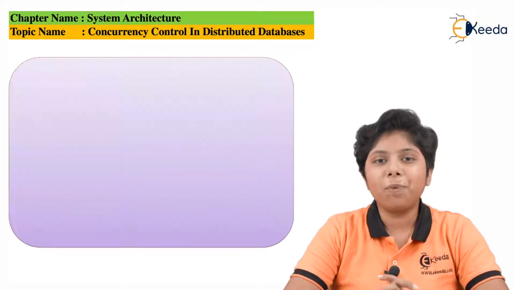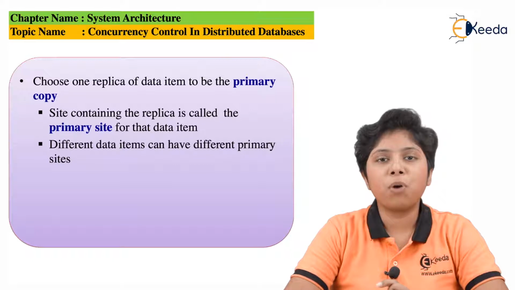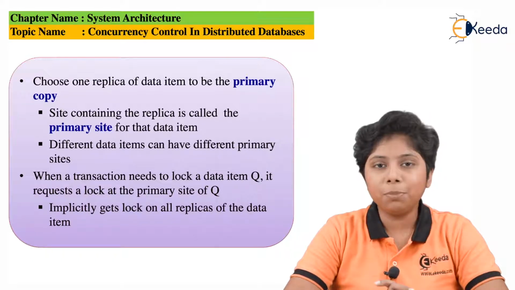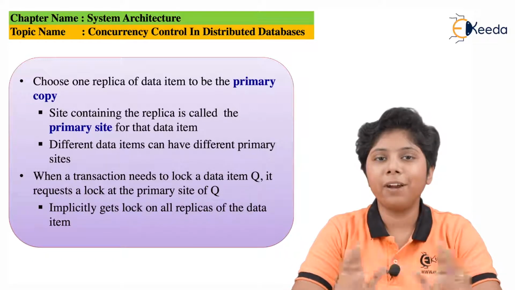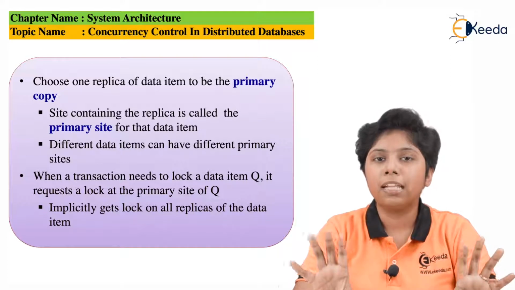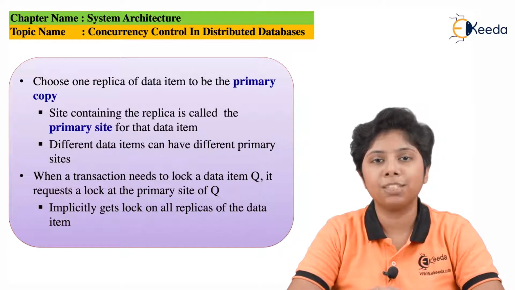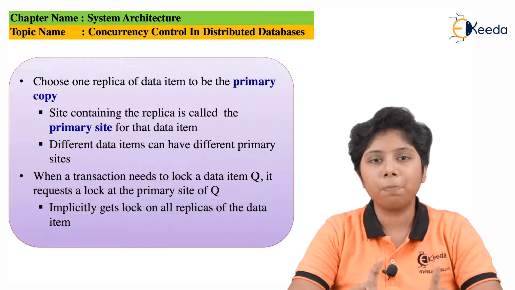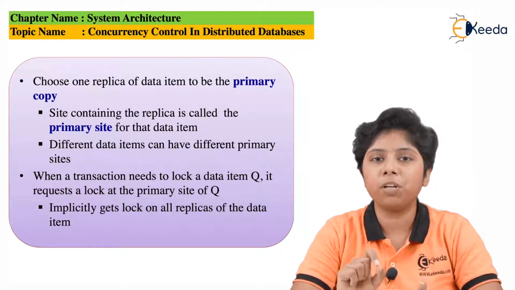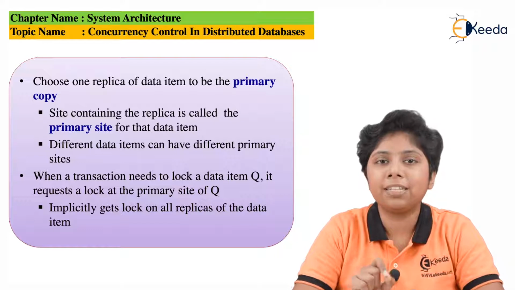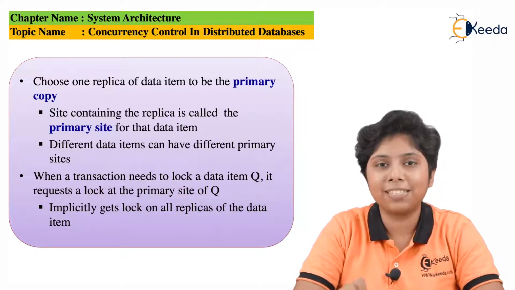The next type of mechanism is the primary copy. What do we mean by a primary copy? All the replicas are given as local copies to the sites connected in the distributed system. Now one of the replicas is chosen as the primary copy, kept at the site which is known as the primary site.